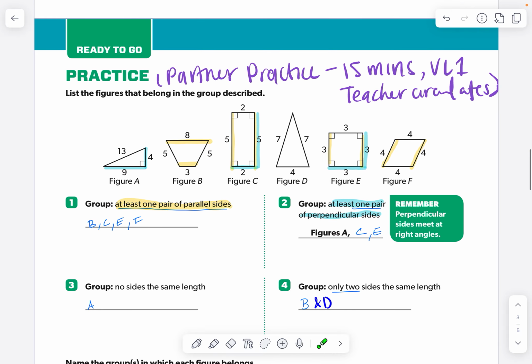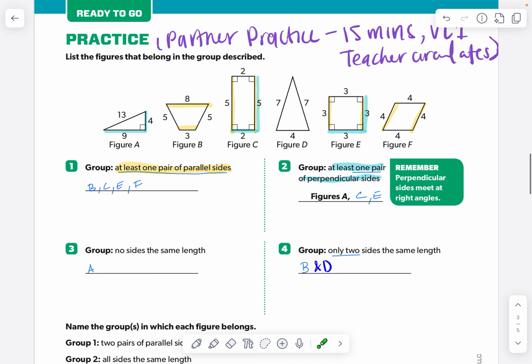Okay, so now we're going to launch students into their partner practice time, 15 minutes, to kind of fend for themselves with this classification. They are going to use these figures A through F to help them answer questions 1 through 4. So they're going to find the figures with at least one pair of parallel sides.